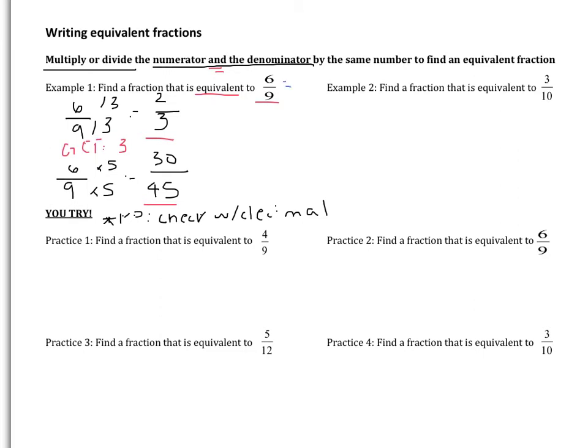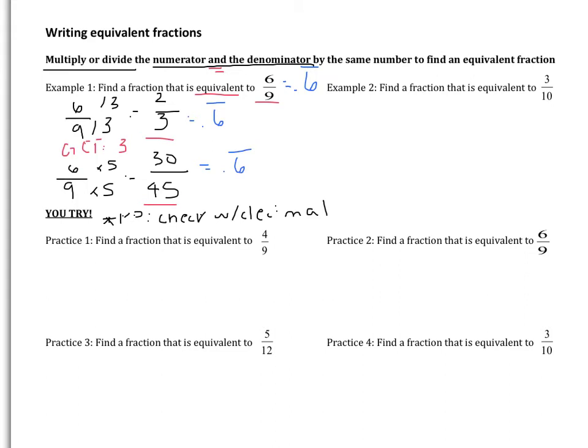On your calculators, you should get 0.6 repeating. Now, 2 divided by 3 gives us 0.6 repeating as well. That's equivalent. And 30 divided by 45 is 0.6 repeating. So all of those are, in fact, equivalent fractions.